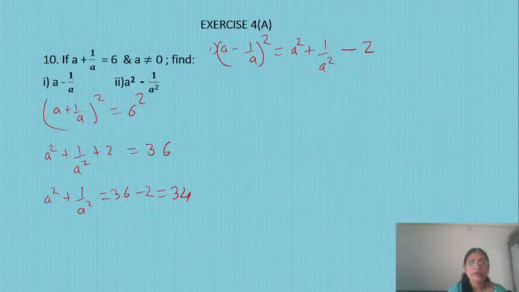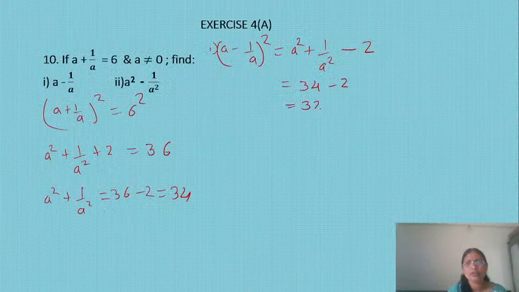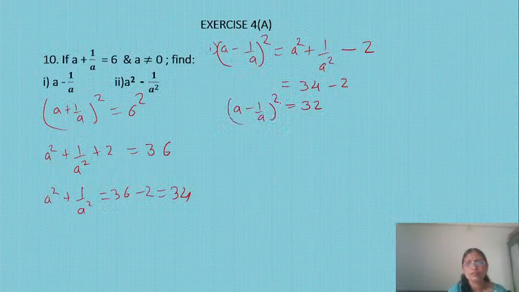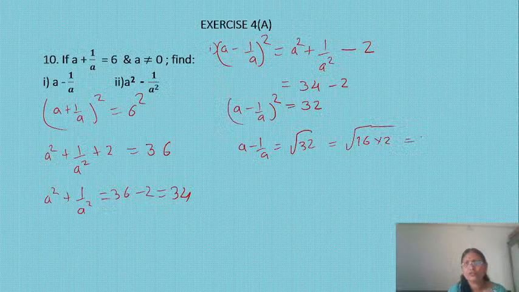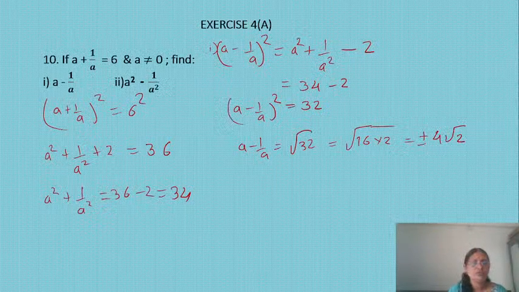We have got 34, so 34 minus 2 is 32. So a minus 1 upon a the whole square is equal to 32. So a minus 1 upon a is plus or minus square root of 32, which is square root of 16 into 2, equal to plus or minus 4 root 2.